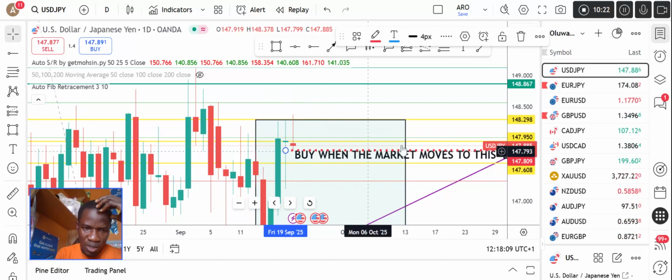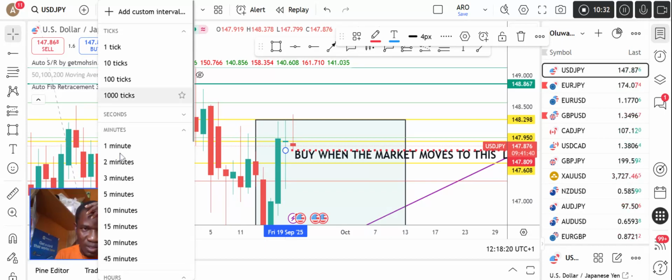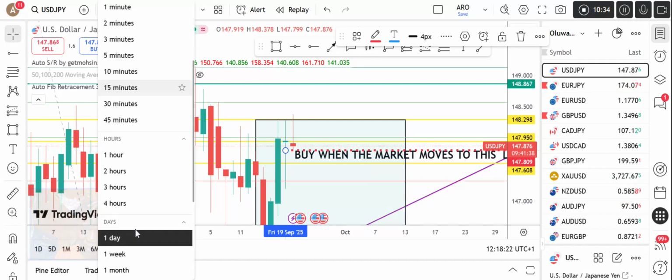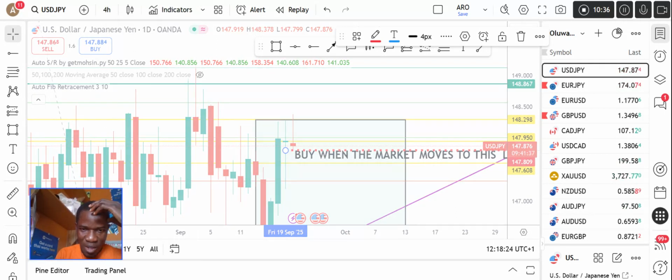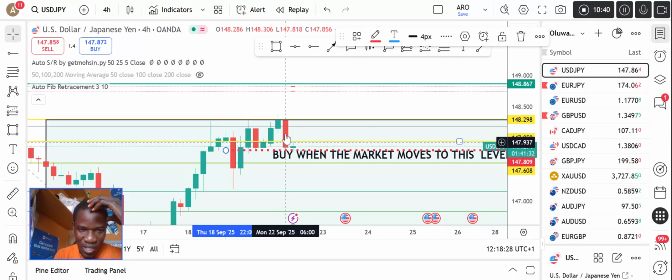We still need to wait for confirmation before we go for buy here. On 4 hours, the market is showing a sign of strength for down.